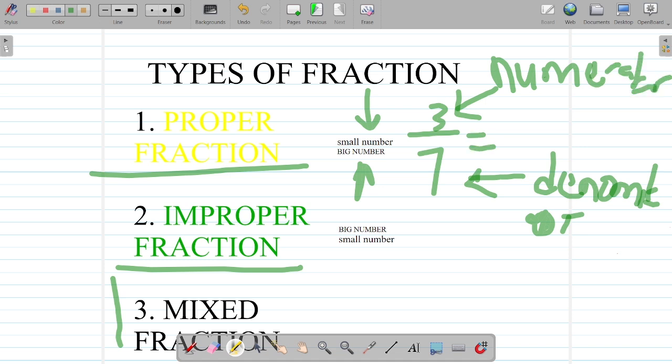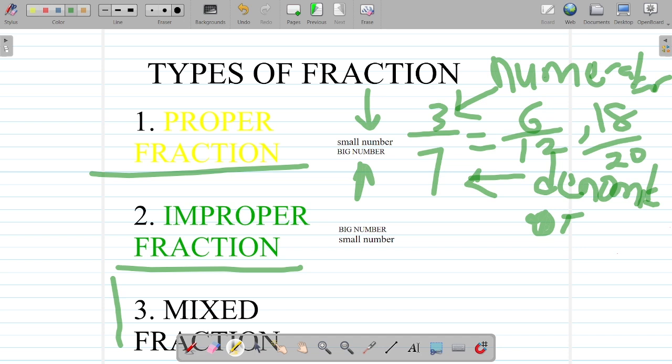So another example of a proper fraction is 6 over 12, 18 over 20. It keeps going on and on, when you have a small number at the numerator and a larger number at the denominator.